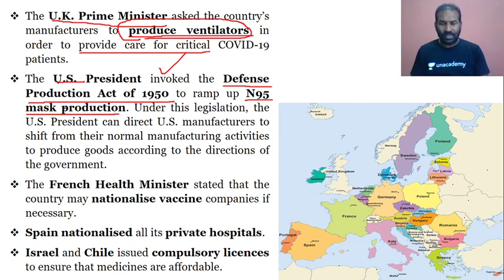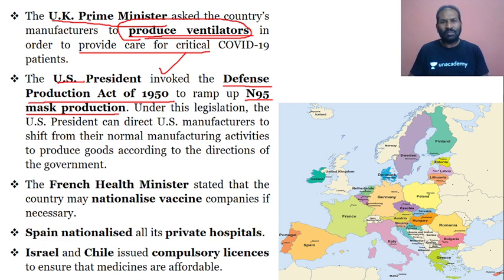I'm taking up the topic of economic liberalization and its faults. There are definitely positives of economic liberalization for all the developing and underdeveloped countries, but at the same time, on the backdrop of COVID-19, the pandemic situation, there are faults, and that is what we were just looking at.